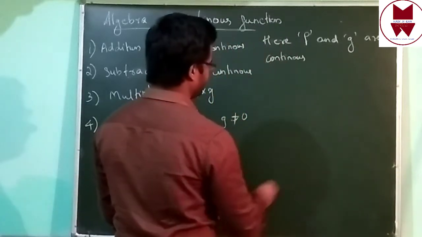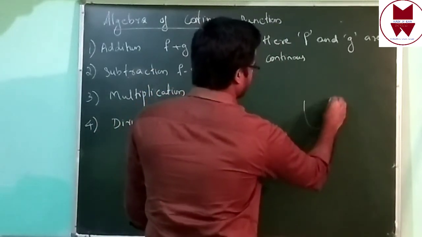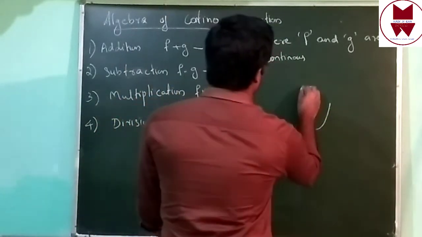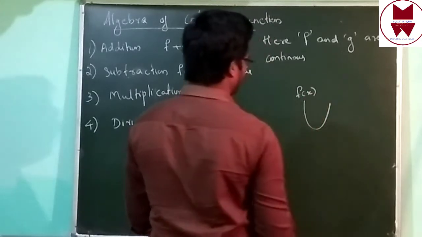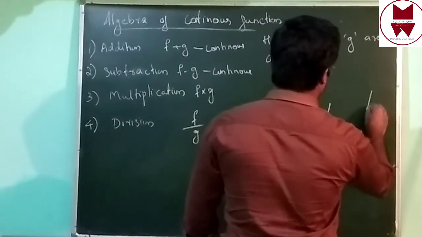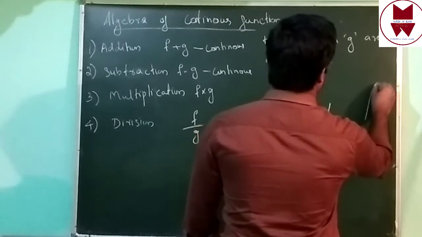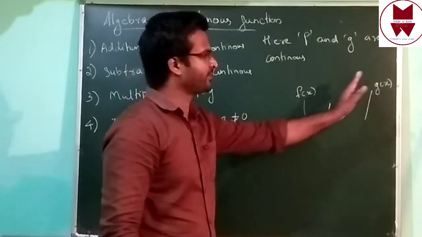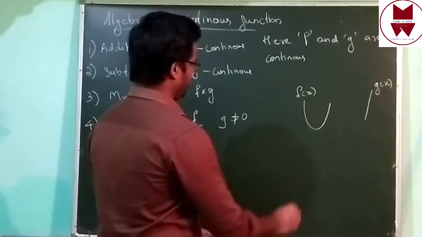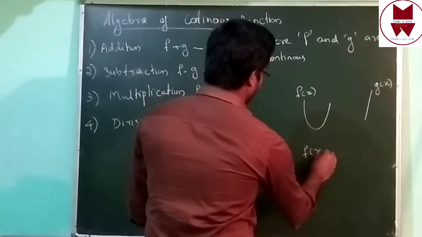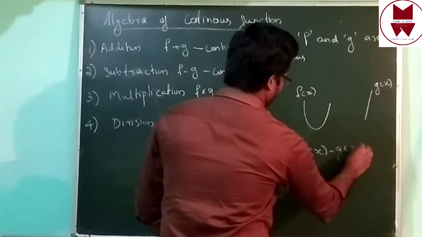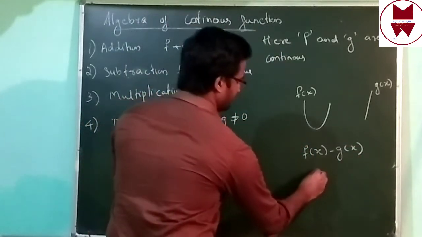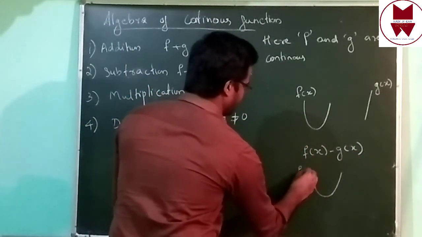Okay, we can see, look, one function, f of x. Then another function, just like this, this is g of x. We are going to subtract f of x and g of x. Then f of x minus g of x. What will we get? This is f of x.